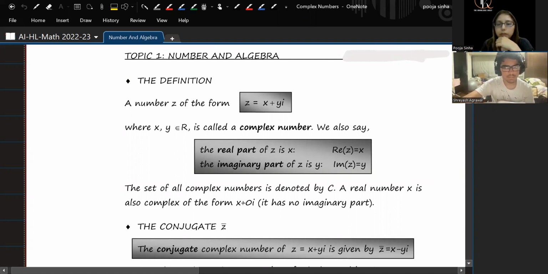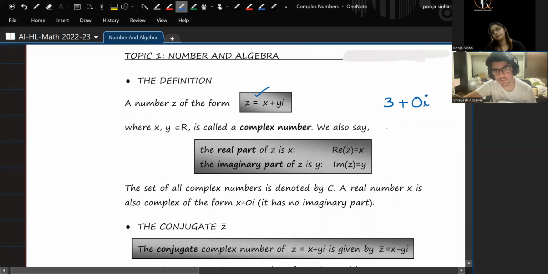Before we do that, can I write the number 3 in this form? Can I write it as 3 plus 0i, where 3 is the real part and 0 is the imaginary part?